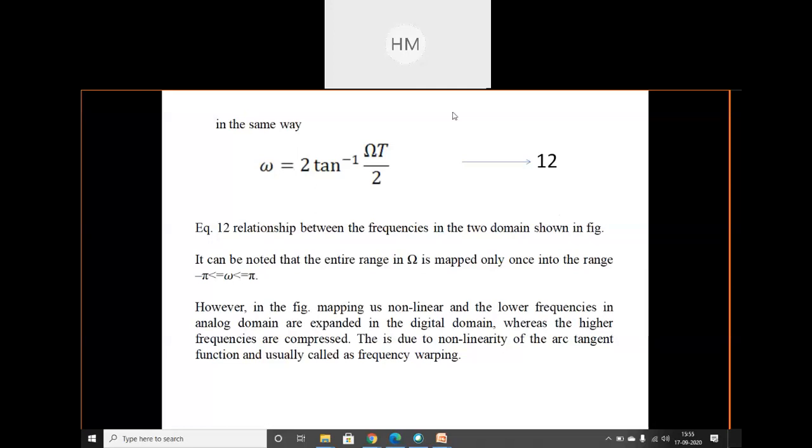The digital filter should have a resonant frequency of omega r is equal to pi by 4.